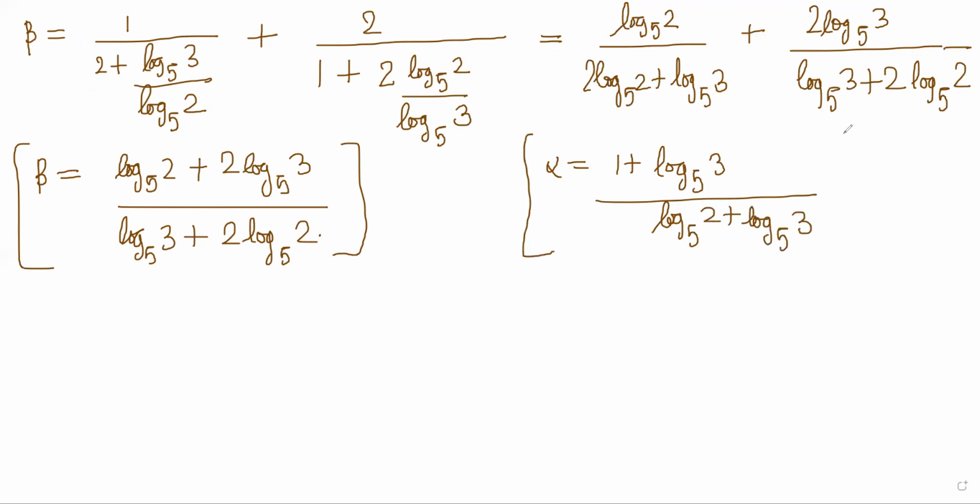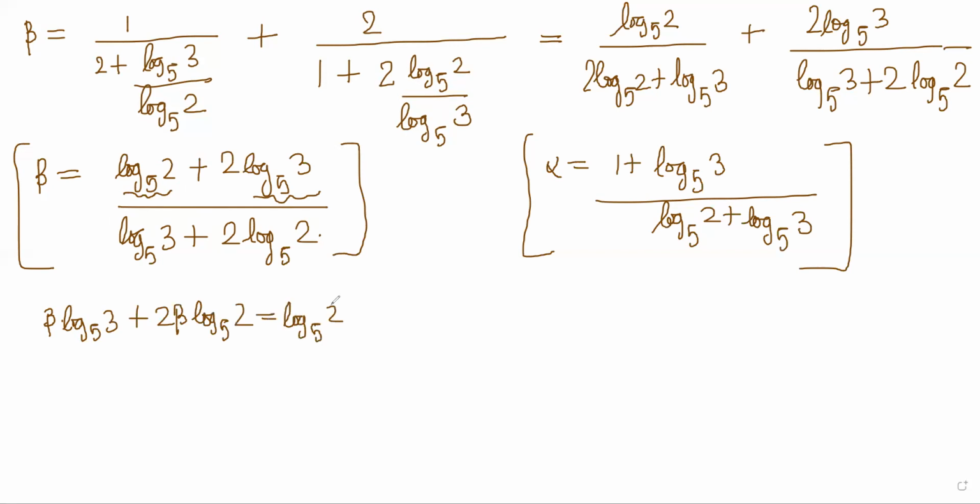These are now two equations, two unknowns. The unknowns are log 5 2 and log 5 3. That is what we need, correct? So if you just simplify it a little bit, you will say beta into log 5 3 plus 2 beta log 5 2 is equal to log 5 2 plus 2 log 5 3.